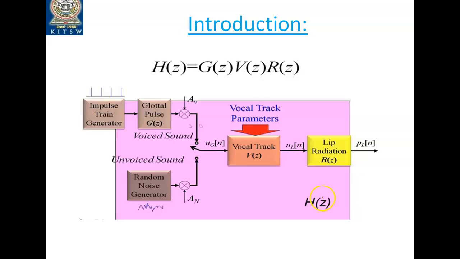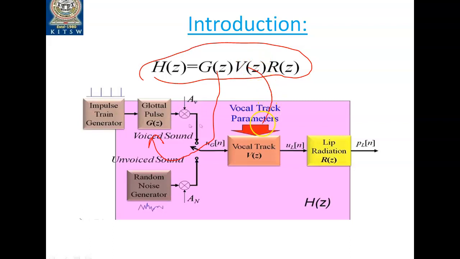The same thing in the Z transform domain is h of z equals g of z into v of z into r of z. What is g of z? It is the glottal. What is v of z? It is the vocal tract. What is r of z? It is the radiation of the lip, the way we pronounce the sentences. The complete thing I am calling h of z.